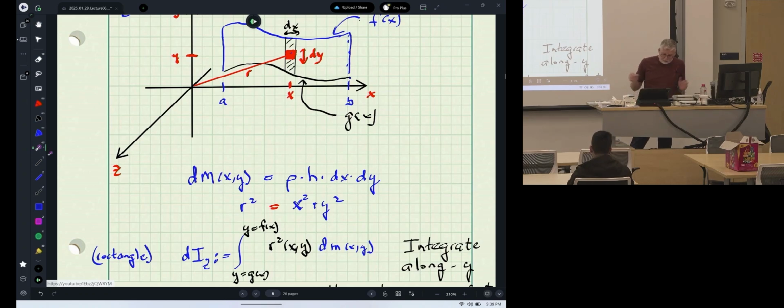And why is x constant? Because x says the position of this rectangle, and we're just adding up the masses in that rectangle, and that's in the vertical direction, the way I've drawn the picture.